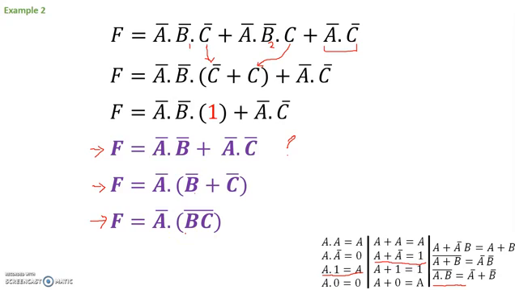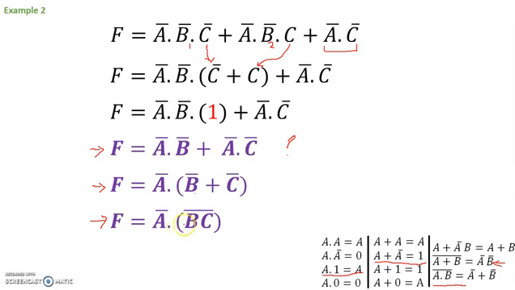Okay? Now some of you might see that this is not A ANDed with, let's call BC as P, so not A ANDed with not P. Well, here's another De Morgan law that we might be able to use.